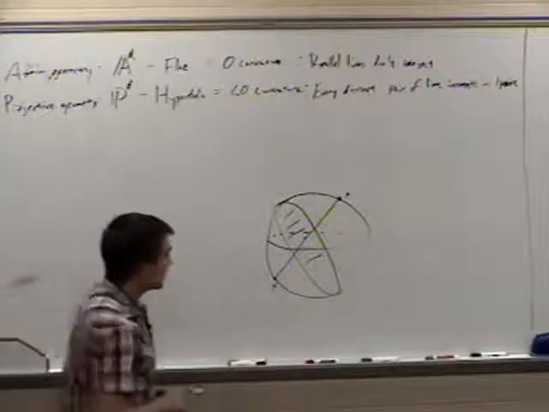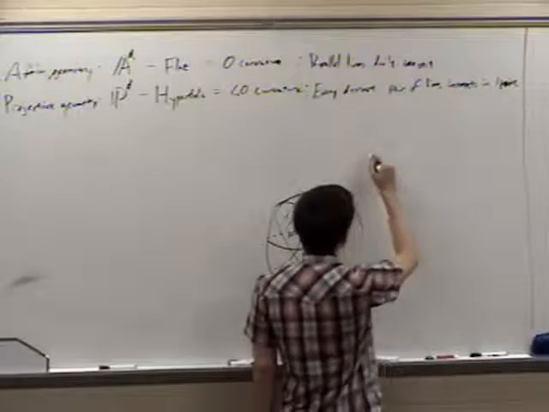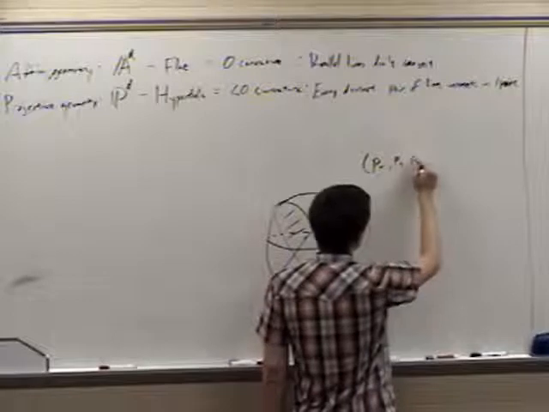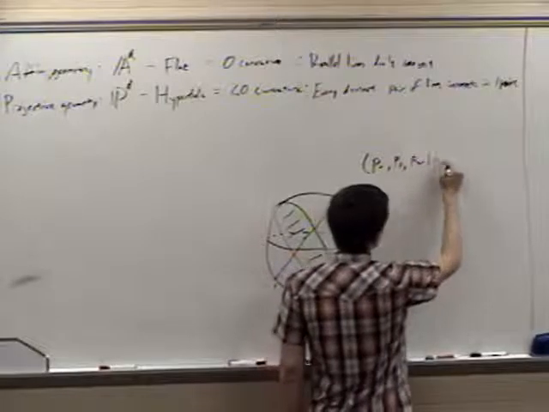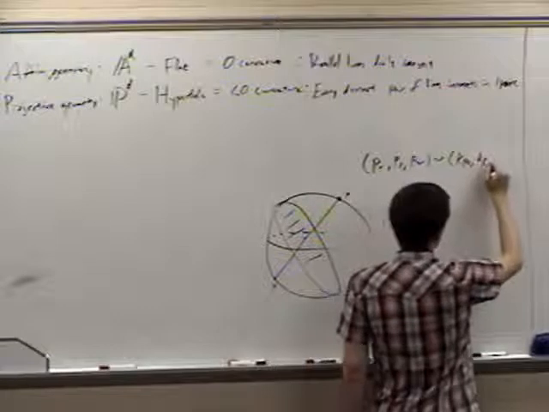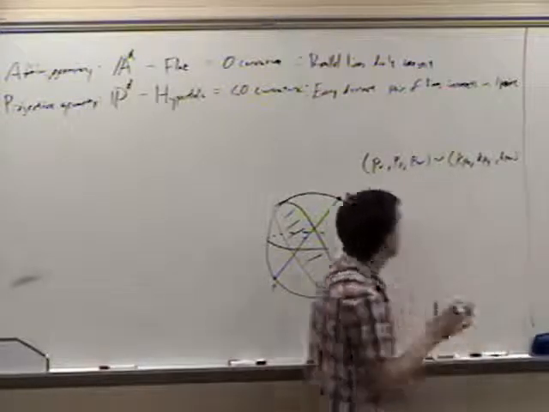Another way to think about this more algebraically is that in projective geometry, if I have a point (px, py, pw), then this is going to be similar to any point (k px, k py, k pw) for any choice of k.